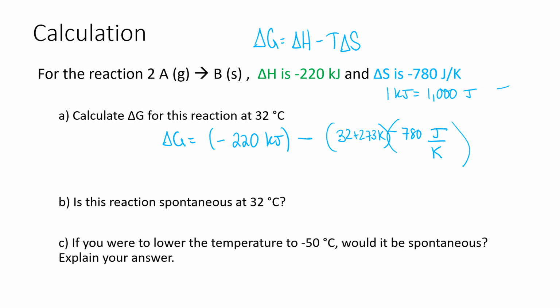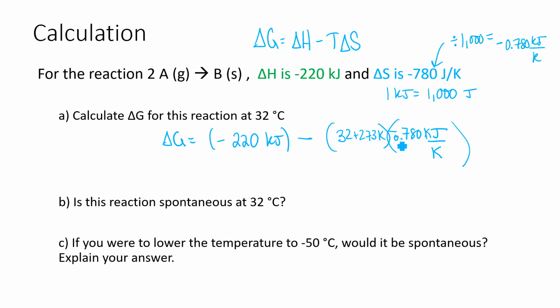So 1 kilojoule is 1,000 joules. So negative 780 joules is negative 0.780 kilojoules. So I have to take my S value and divide it by 1,000 to convert that into kilojoules.